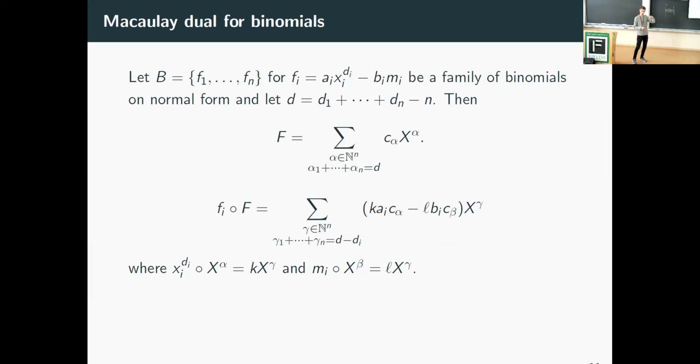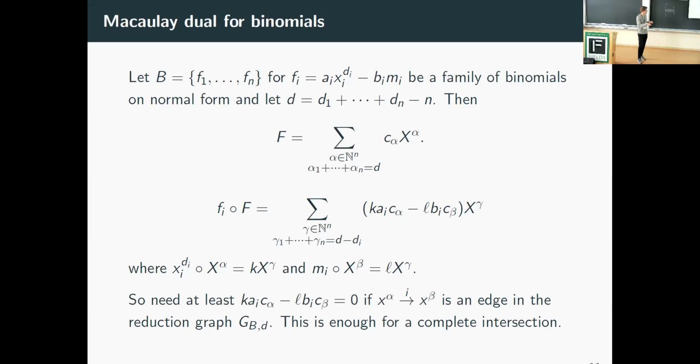happening? We start at some monomial big X alpha. We differentiate with respect to xi to the di, and then these other guys say that whatever we then end up with, if we multiply by mi, we should get back to the beta. So what I'm saying is that we start with something.